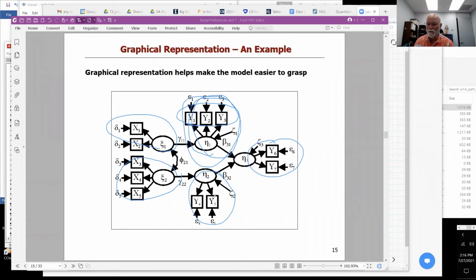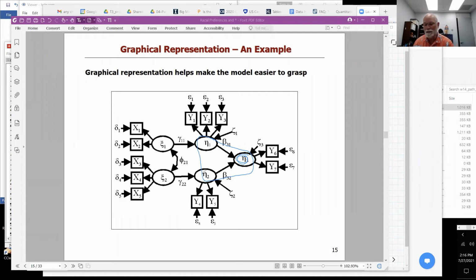We would then be running regressions on those 5 indices, and we can understand our regressions by looking at the arrows. This index score is predicted by 2 other index scores. That's a regression equation. This would be y, and this would be x1 and x2.